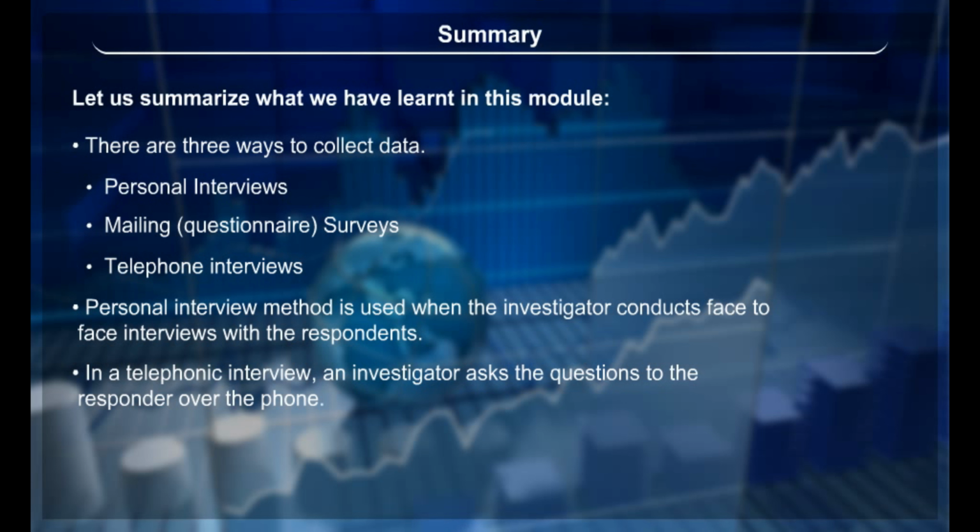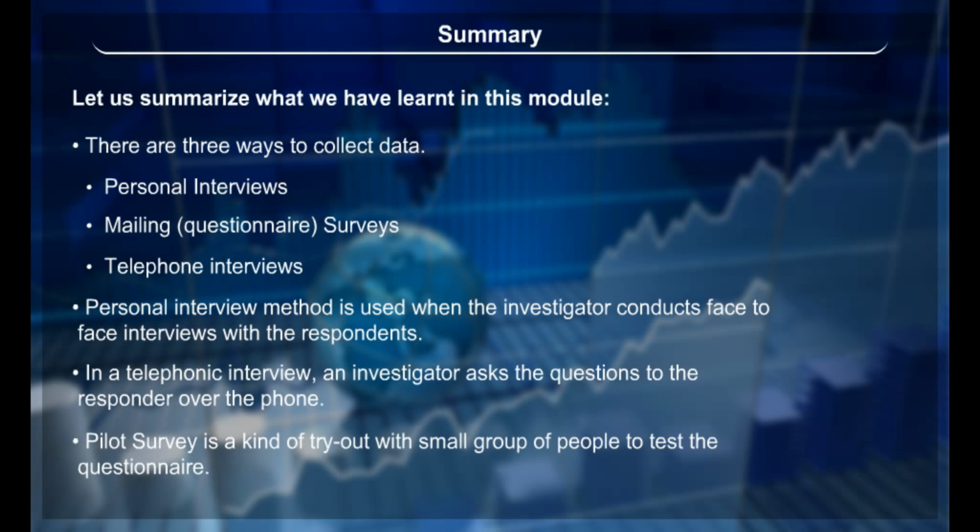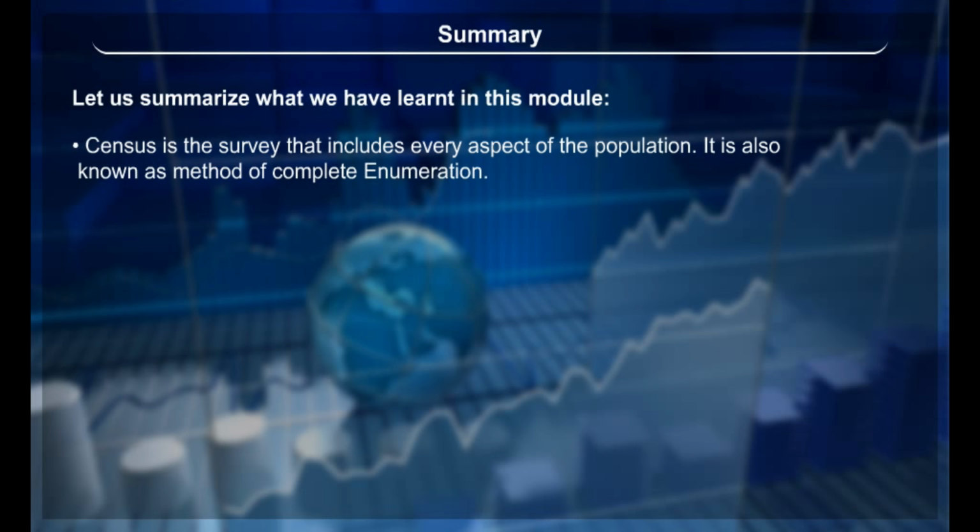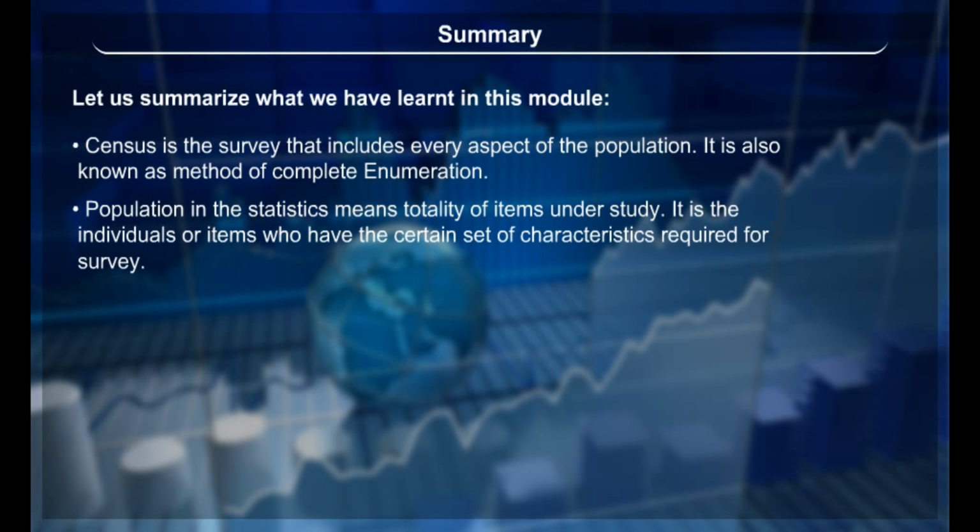In a telephonic interview, an investigator asks the questions to the respondent over the phone. Pilot survey is a kind of tryout with a small group of people to test the questionnaire. Census is the survey that includes every aspect of the population. It is also known as the method of complete enumeration.